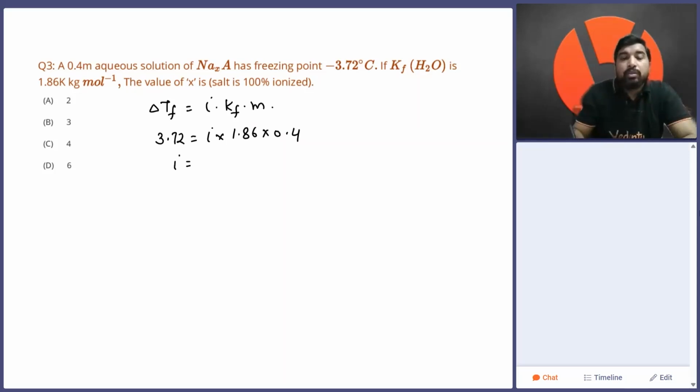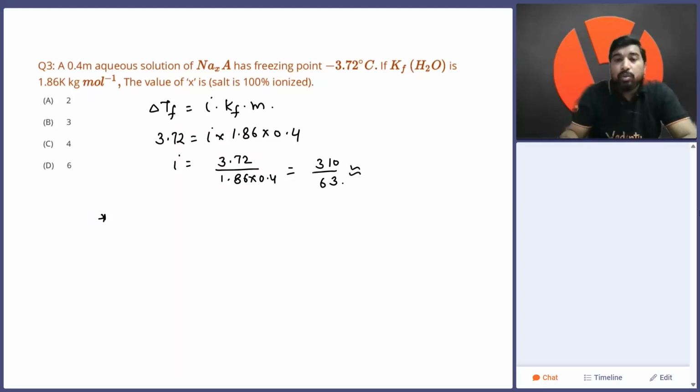So i is equal to 3.72 divided by (1.86 into 0.4), that should be equal to 310 upon 63. Now I know this is almost equal to 5.